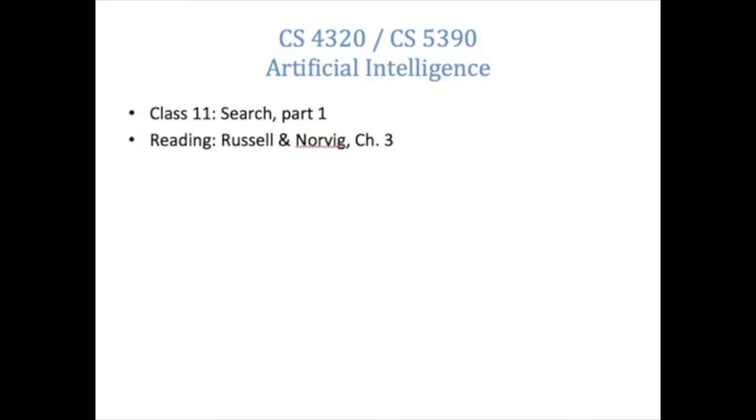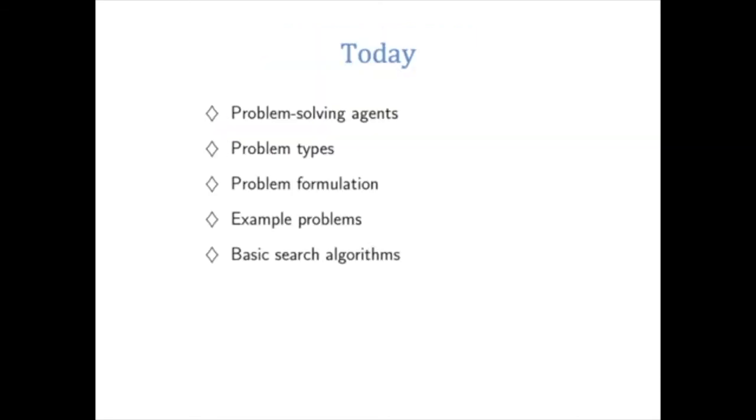This is the first part of two classes on search based on Chapter 3 of our Russell and Norvig text. For this lecture, we're going to look at problem-solving agents more formally and look at problem types, describe how to formulate problems more formally, and look at some example problems.